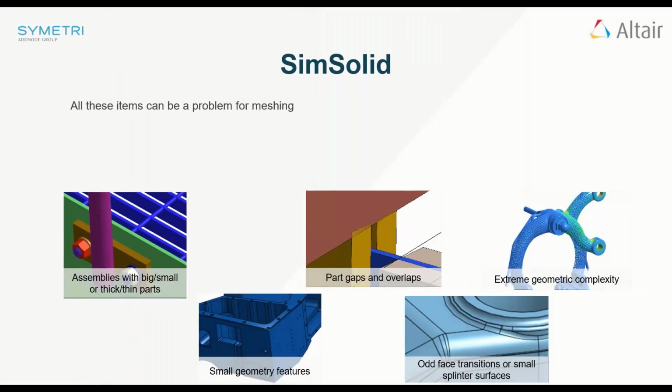Now, what you see here are the common stumbling blocks which can create possible headaches for our analyses, especially in Nastran and perhaps in SolidWorks and ANSYS, where you have geometries with gaps and overlaps, small geometry features, complex assemblies with thin parts and thick parts, and also down here the transitions, very sharp little features.